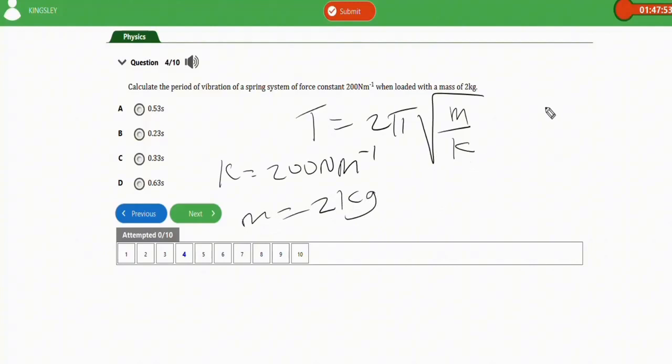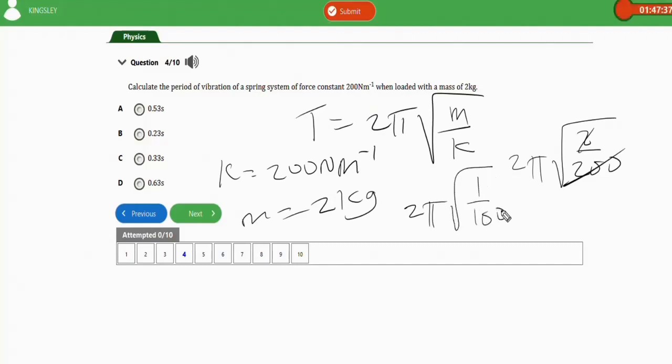We are looking for the period, so it's going to give us 2 pi square root of 2 over 200. When you cancel this, you are left with 2 pi square root of 1 over 100. This is the same thing as 2 pi square root of 0.01, and square root of 0.01 is the same thing as 0.1.